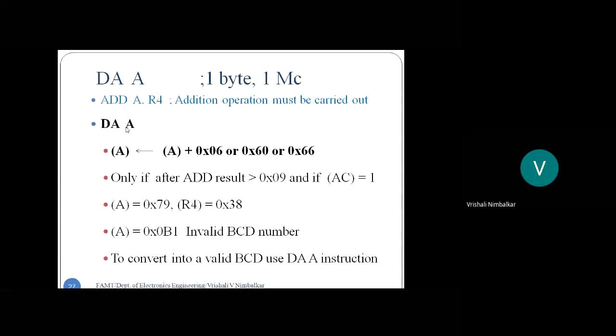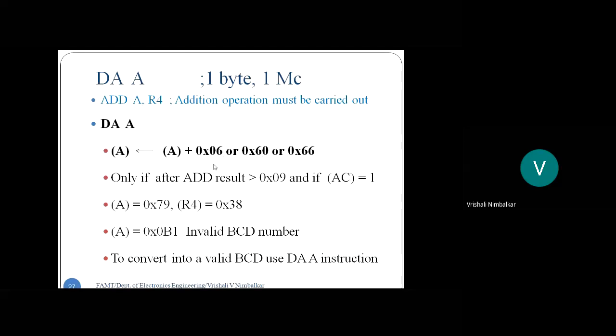And how does an invalid BCD get converted into valid BCD? That result in the accumulator after the add instruction will be added with either 6, or 60, or 66. There is a correction addition. Add 6 to invalid BCD to make it valid. And why have I written 6 or 60 or 66?